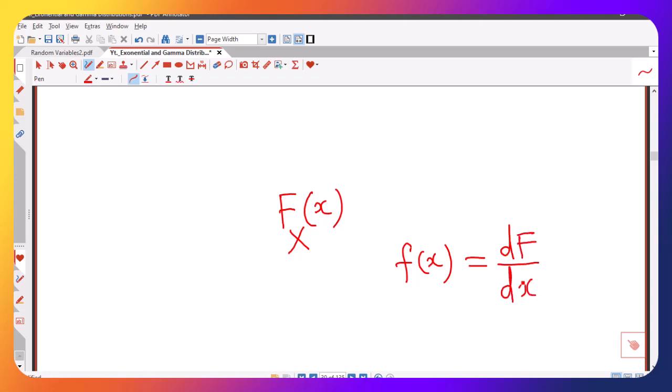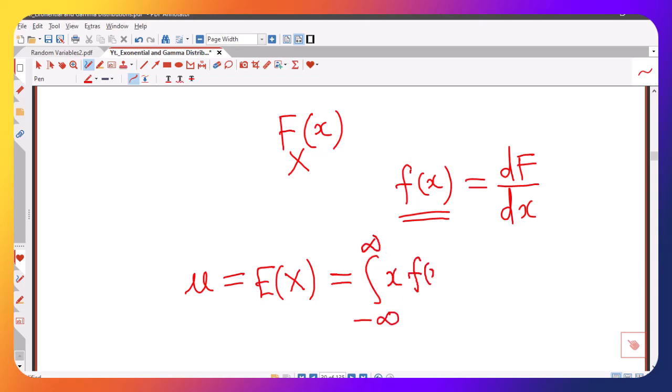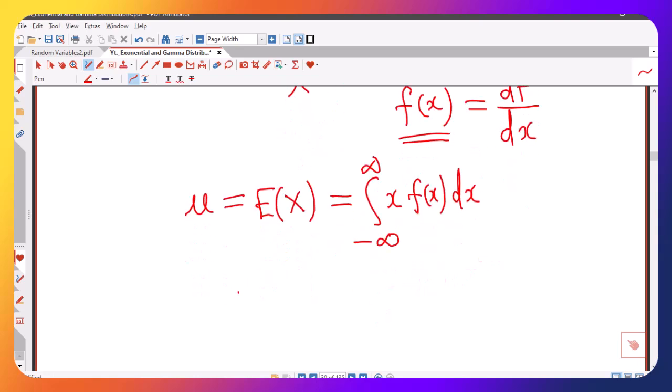So in this way we will obtain PDF of given random variable, and then we have the formulas for expected value of continuous random variable, which is integral of x times f(x) with respect to x, and for variance we have to use sigma square equal to expected value of X square minus square of this expected value of X, or square of mean.